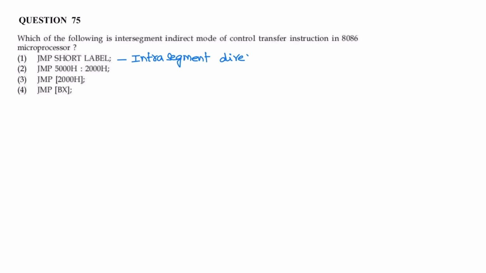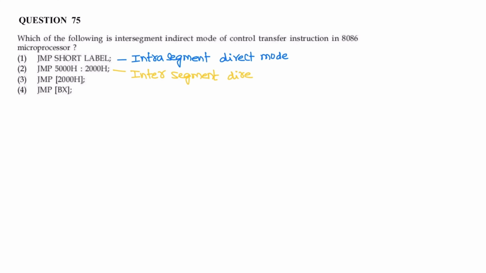Jump 5000H:2000H is inter-segment direct mode.